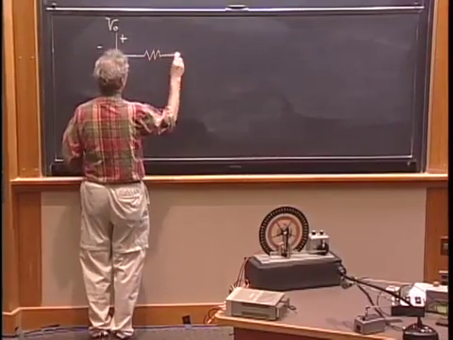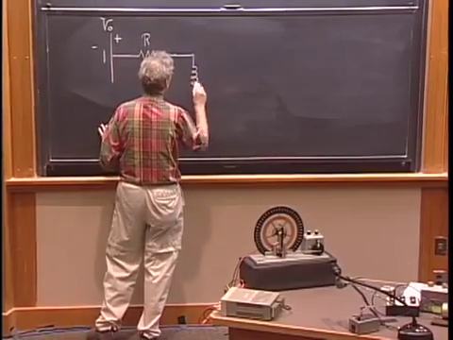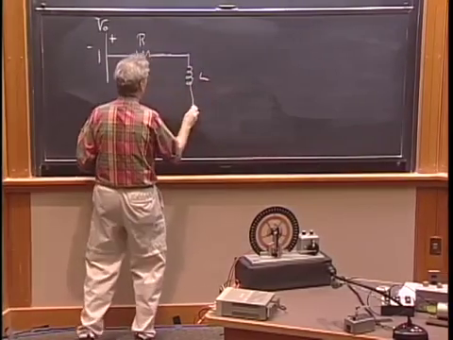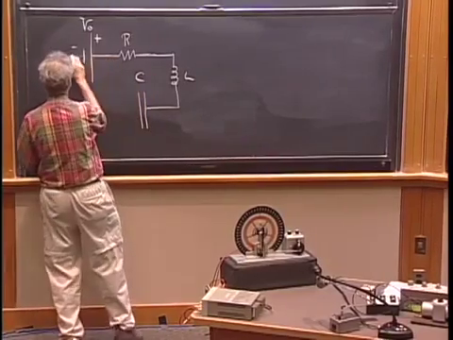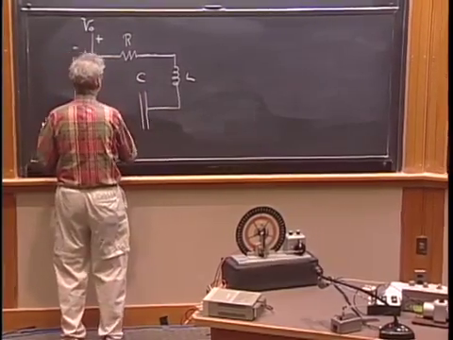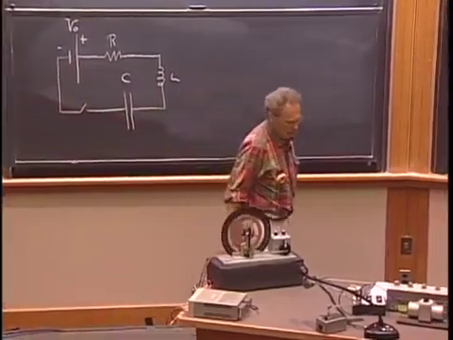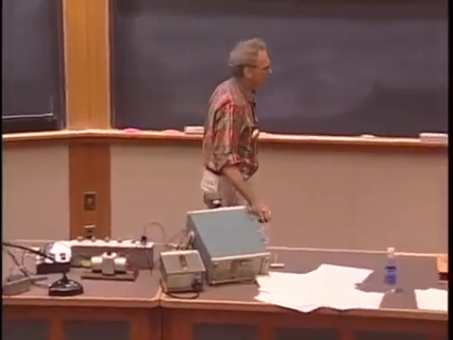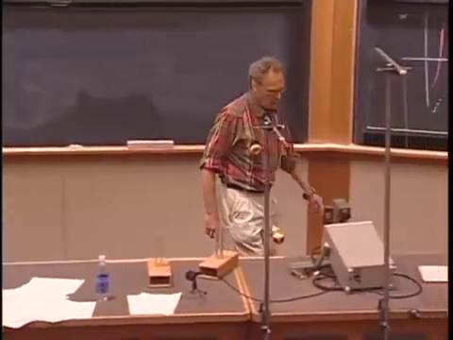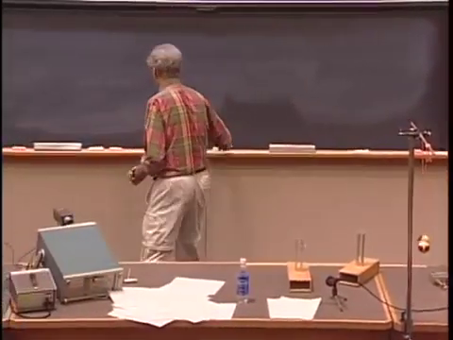Here I have a resistor R. I have here a pure self-inductor L. And here I have a capacitor C. And then I have a switch here. And I can throw that switch. And then the battery is going to charge up the capacitor. And then you will get oscillations. This is a wonderful example of damped oscillations.